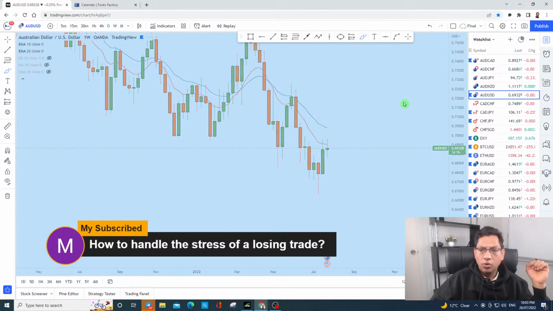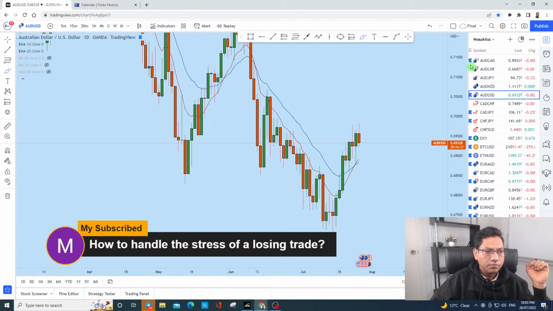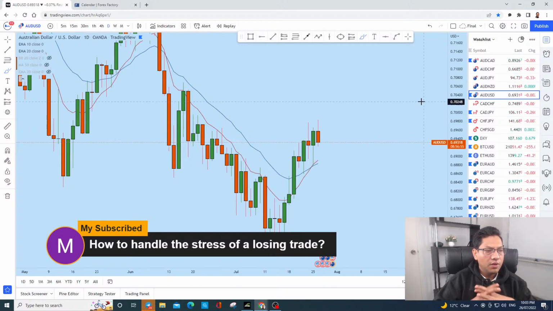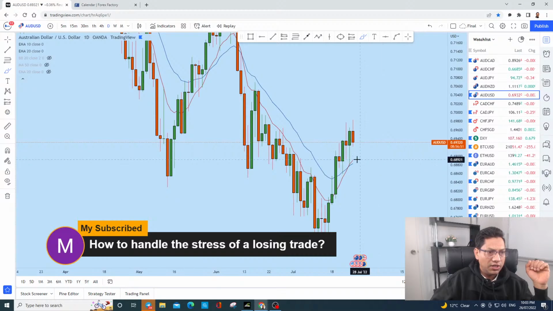Okay, looking at the daily Aussie dollar, this is the price section on the daily. After this green candle, the bulls tried to push the price higher, but it's struggling.